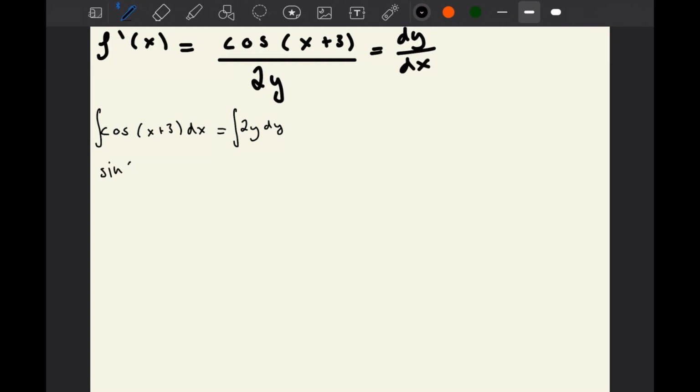So you're going to have sine x plus 3 is equal to, and then for 2y, we add one to the power and divide by it, so you're going to have y squared. Let me quickly show you: 2y, y is y to the power of 1, so you're going to have y to the power of 2 over 2, these cancel out, you just have y squared. And then don't forget your constant c.